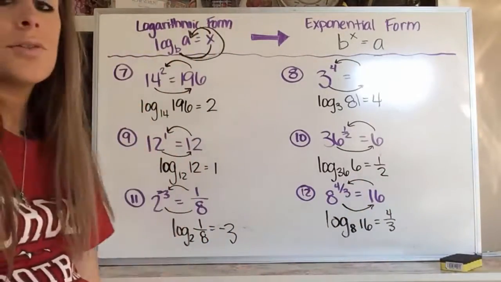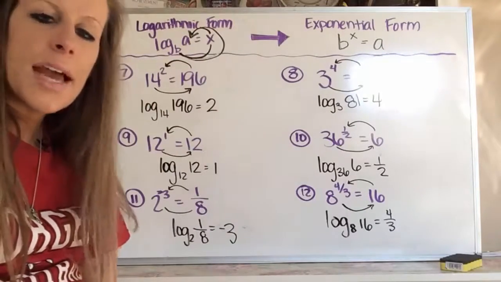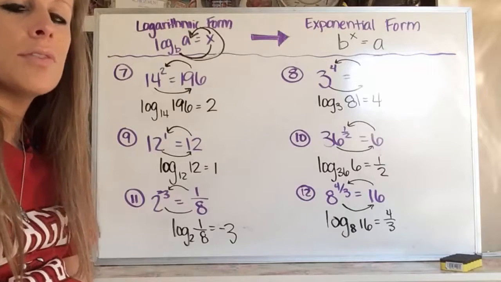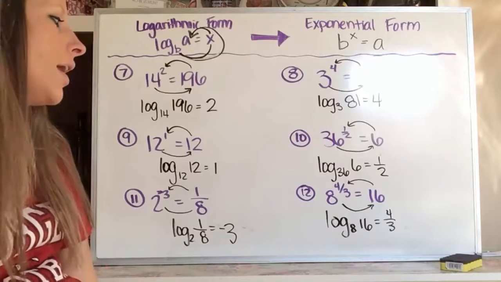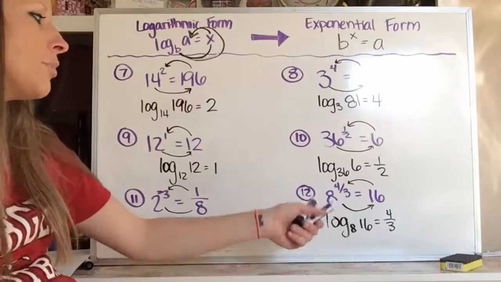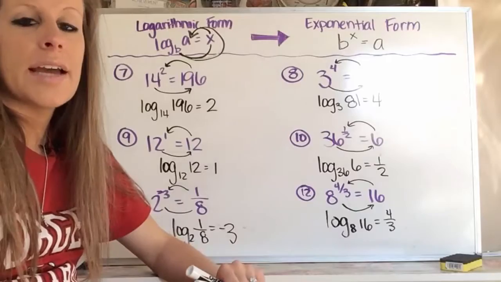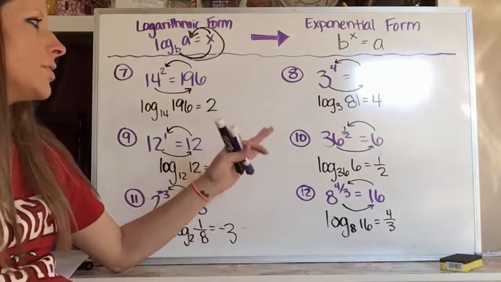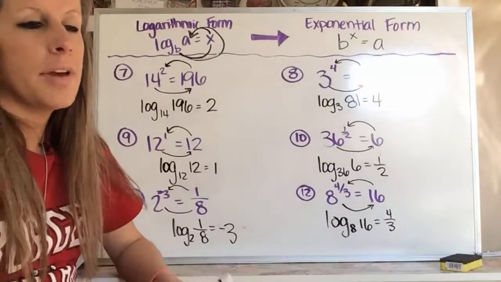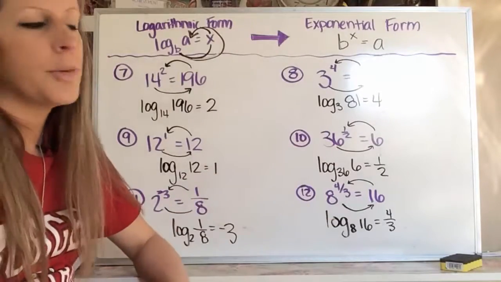We're going to be using this most of the time when we solve logarithmic equations or even exponential equations. You'll have to remember how to switch between those two, from log to exponential or exponential to log. So you'll be using this quite a bit. Always start with the base and always go counterclockwise and you'll be good.